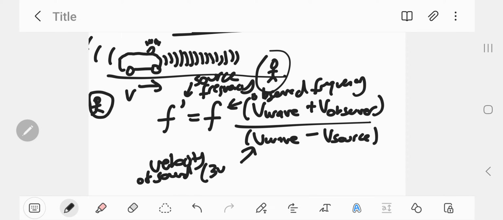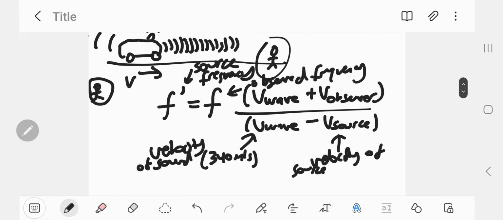It's typically around 340 meters per second in air. V sub source is the velocity of the source, relative to the medium. Apologies, the velocity of the source is the siren, my bad. So it's the velocity of the ambulance in this case.